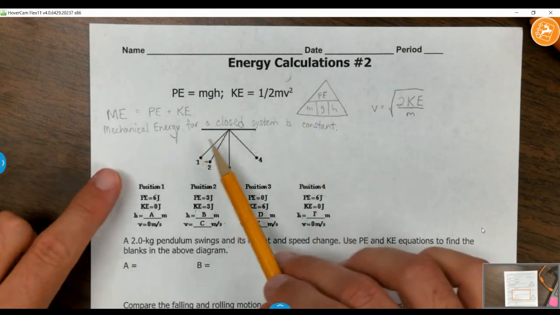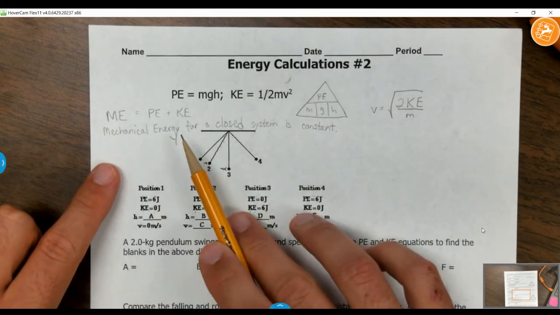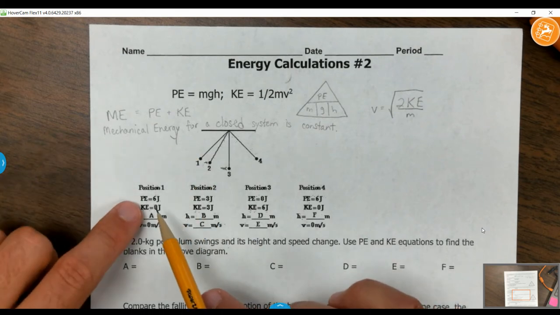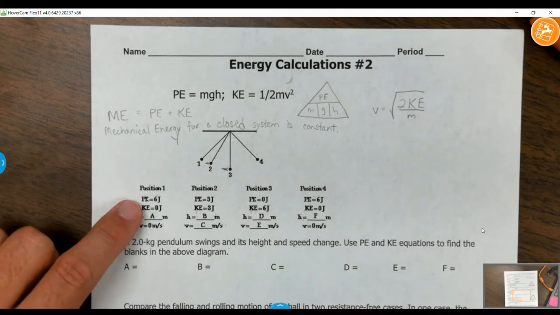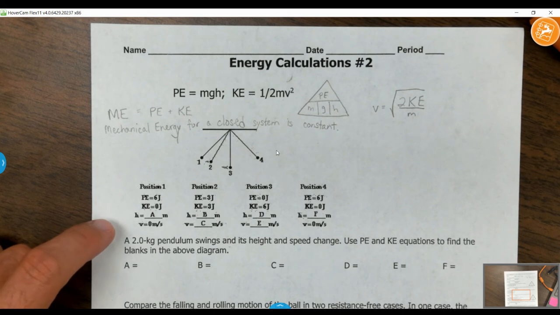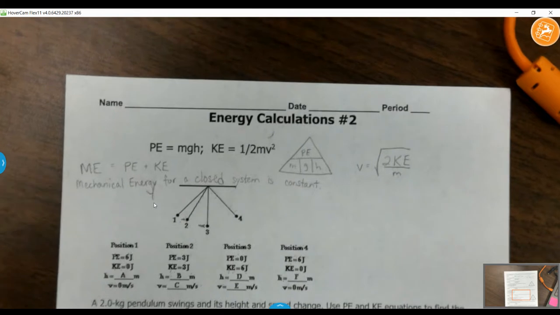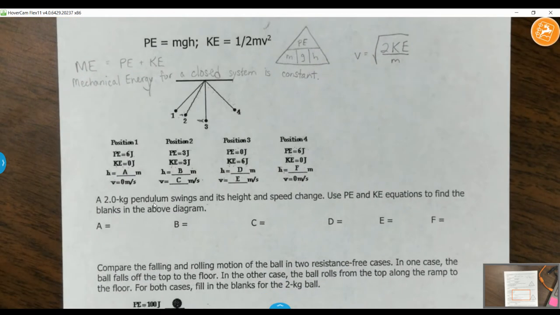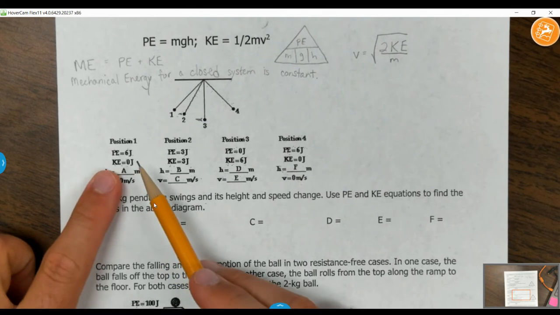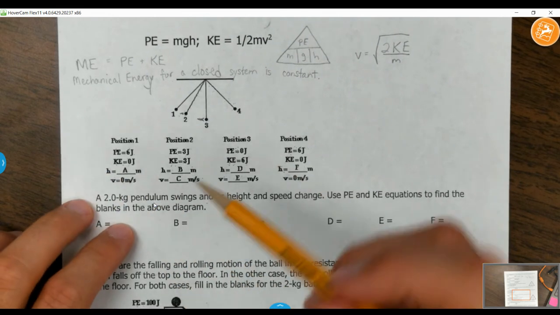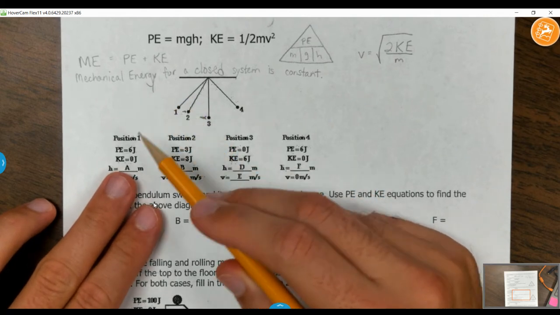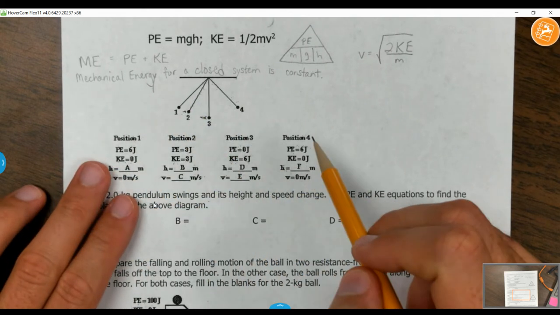Now, for a closed system, the mechanical energy is going to be constant. So if I know that potential energy here is 6 joules and the kinetic energy here is 0 joules at that one point, then that tells us the total mechanical energy at any single point is 6.